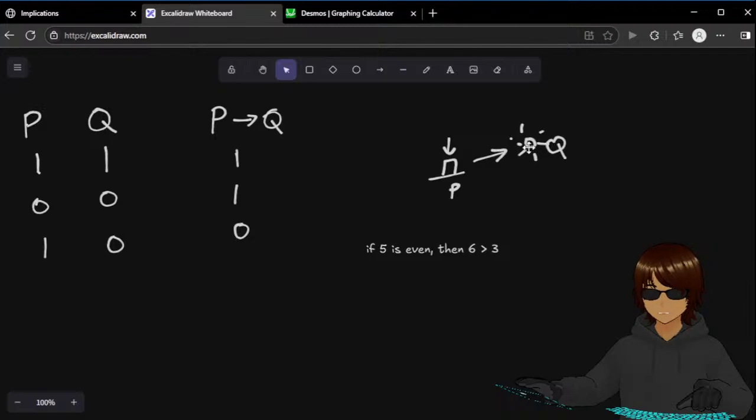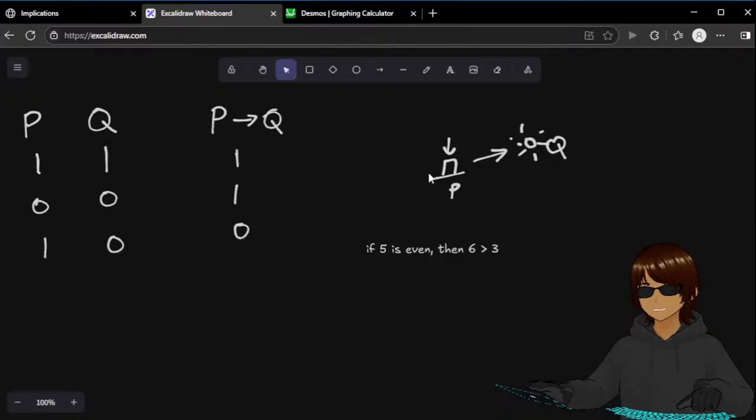If the light is not on and the button is not pressed, then the statement also holds, because if you're saying that if I press this button, then the light is on, if the light is not on, then you would expect the button to be not pressed. Also, if the button is pressed and the light doesn't get on, then this statement doesn't hold.